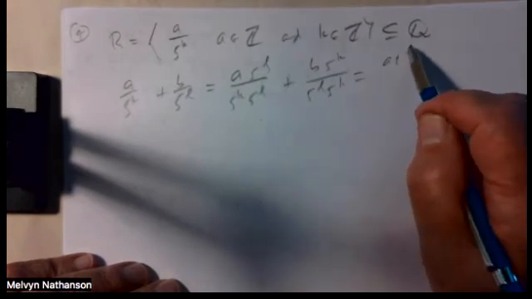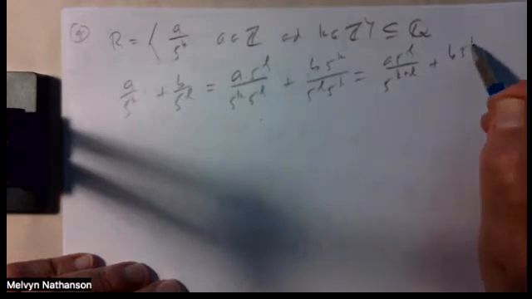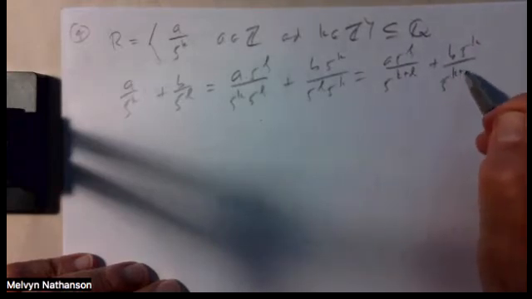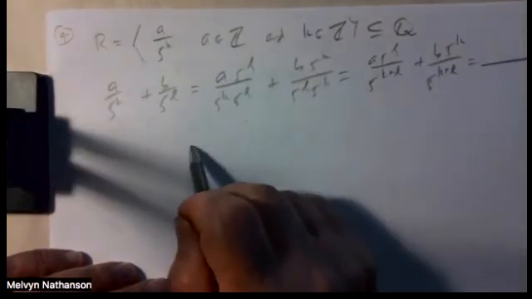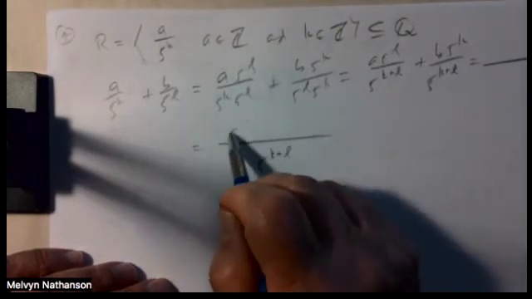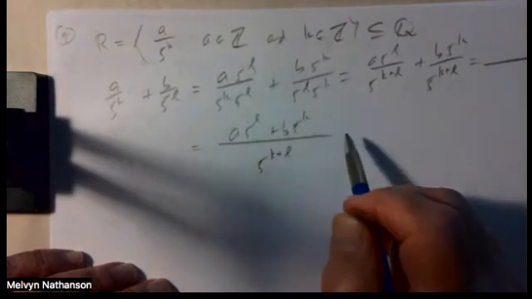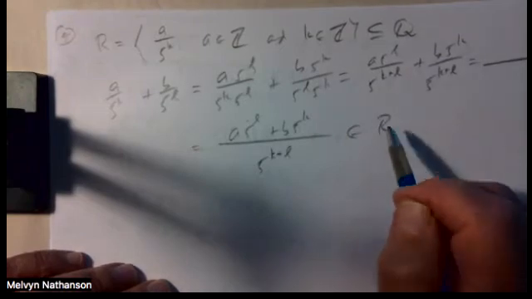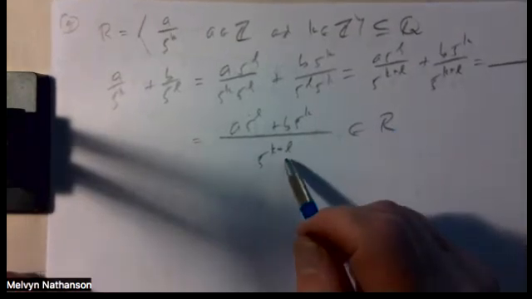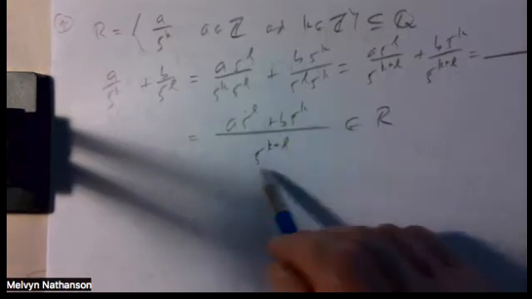I have a times 5 to the l over 5 to the k plus l, plus b times 5 to the k over 5 to the k plus l. So that's equal to a times 5 to the l, plus b times 5 to the k, over 5 to the k plus l. So this is some element in R. This is not necessarily reduced to lowest terms, but it clearly is a fraction where the denominator is a power of 5.